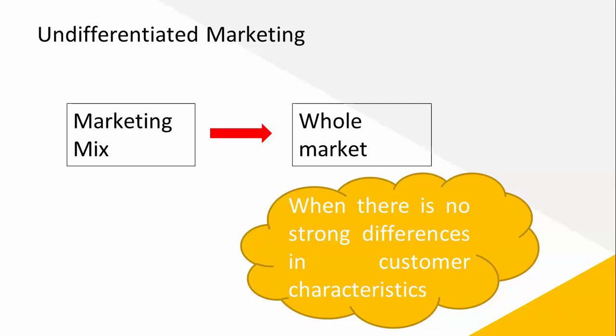So any example? Did you get what I explained? Just tell me an example where we can use undifferentiated marketing.